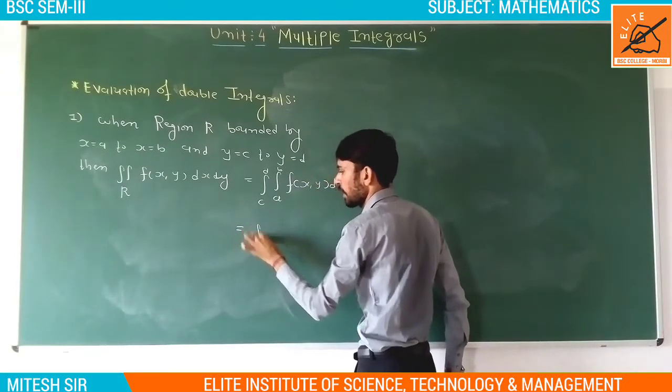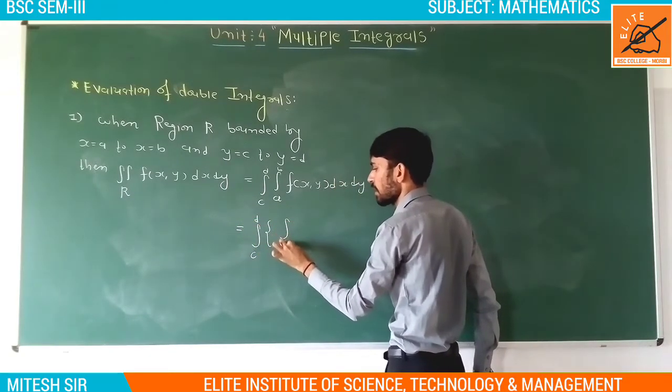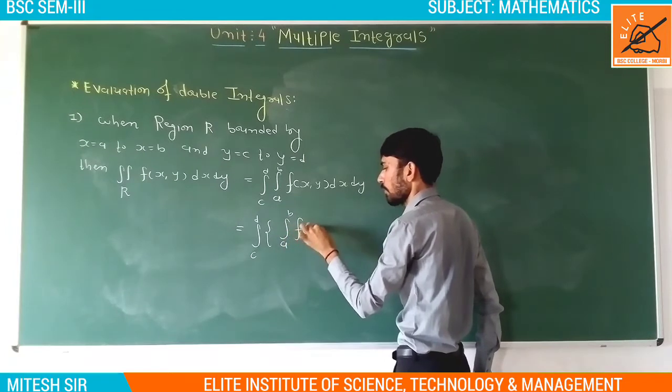Calculate in this way: integration c to d outside the bracket, and in the bracket integration a to b of f of x y dx dy.